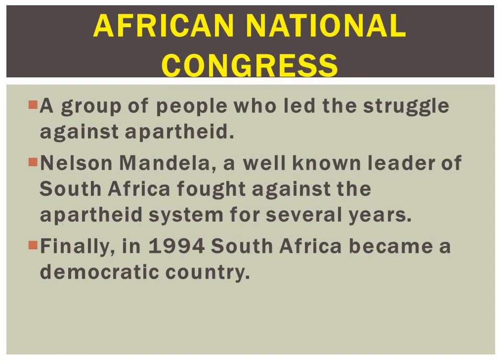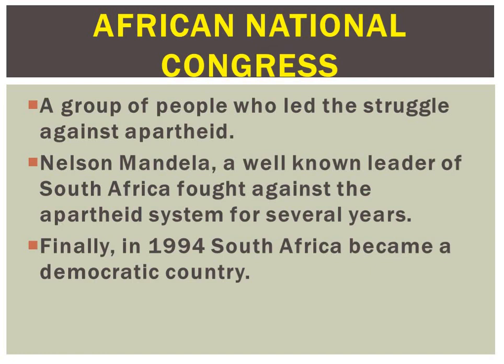The group of people who led the struggle against apartheid. Nelson Mandela, a well-known leader of South Africa, fought against the apartheid system for several years. Nelson Mandela, who was from the black community, was the well-known leader of black people in South Africa.